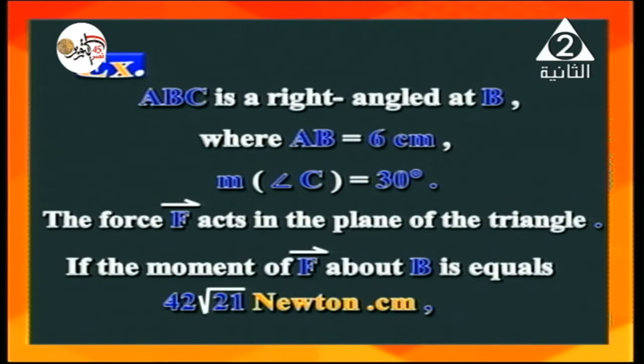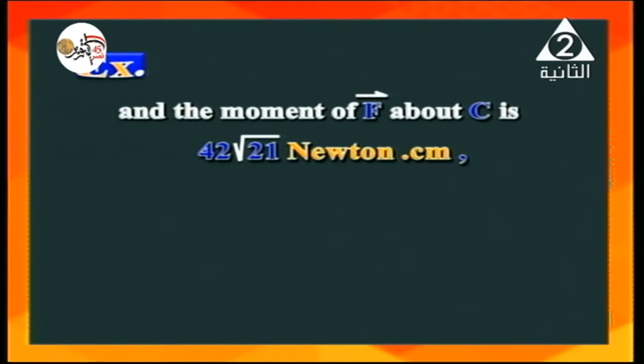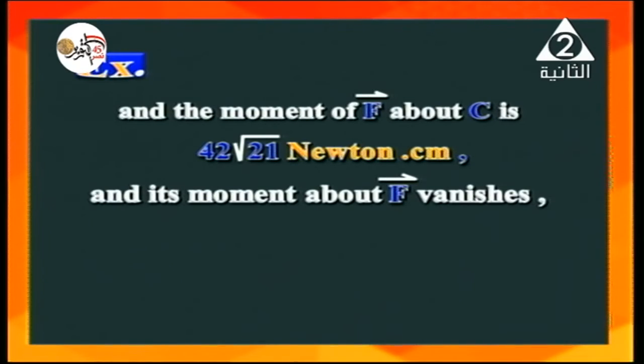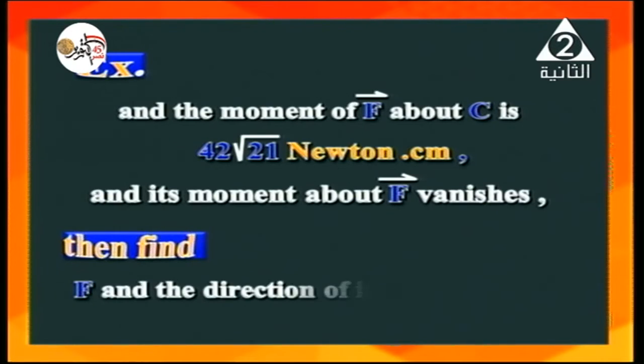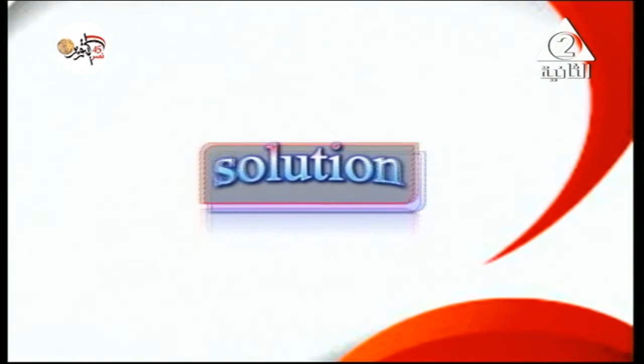A force F acts in the plane of the triangle, and the moment of F about B equals 42 square root 21 Newton centimeter, and the moment of F about C is 42 square root 21 Newton centimeter, and its moment about A vanished. Then find F and the direction of its line of action. My dear student, look at the solution.